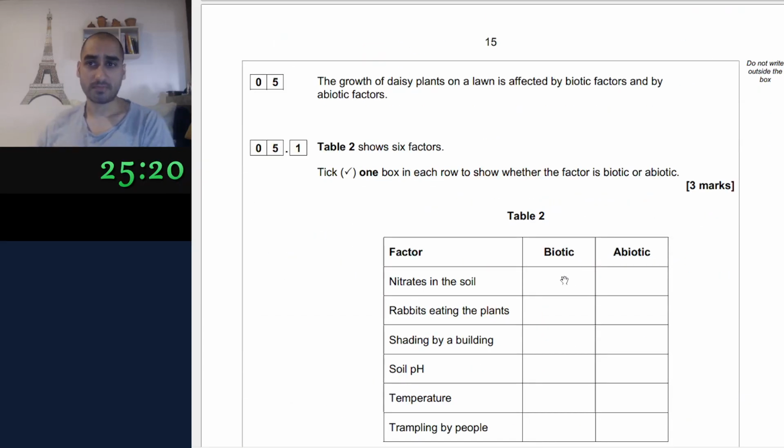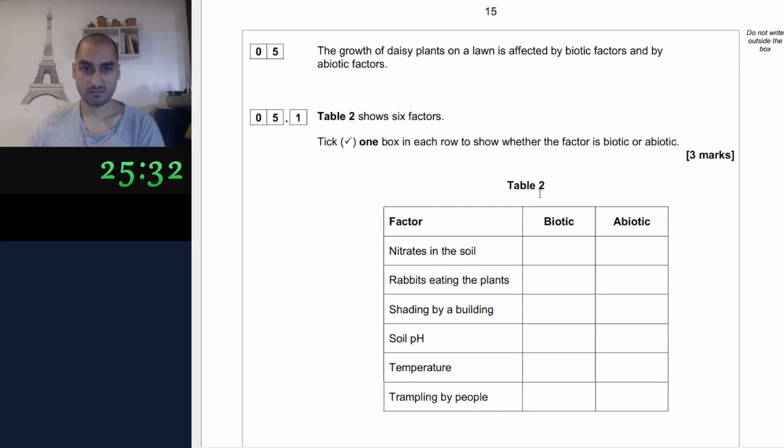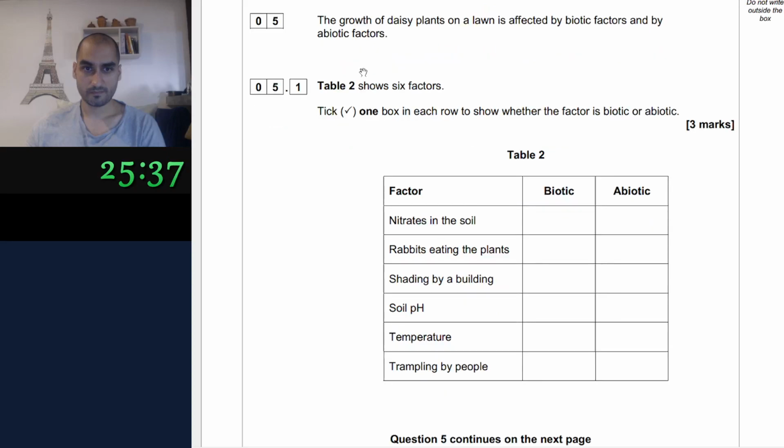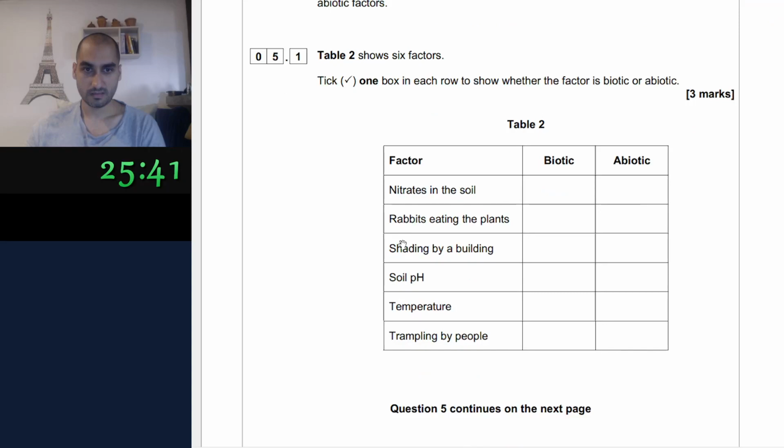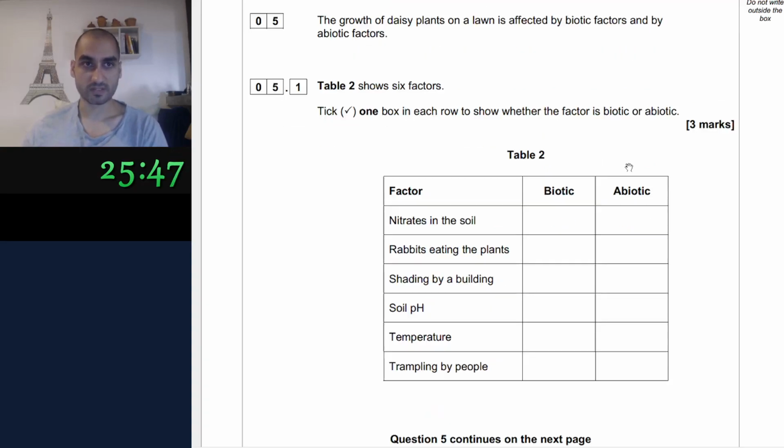The growth of daisy plants on a lawn is affected by biotic factors and by abiotic factors. I don't even remember that term, biotic. What could it mean? Okay, biotic is probably to do with organisms, and abiotic will be stuff like the weather.